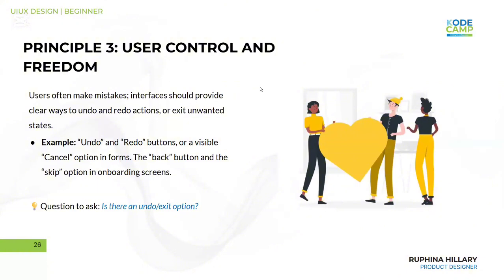The third principle talks about user control and freedom. Users often make mistakes, so interfaces should provide clear ways to undo actions or exit unwanted states. For example, undo and redo buttons or a cancel option should be available in forms.